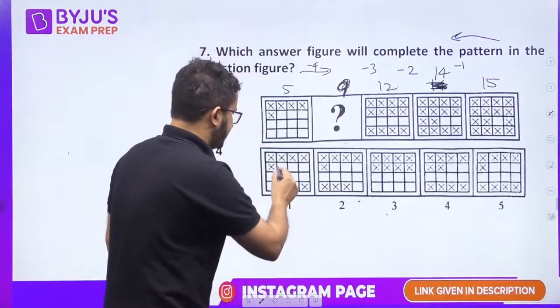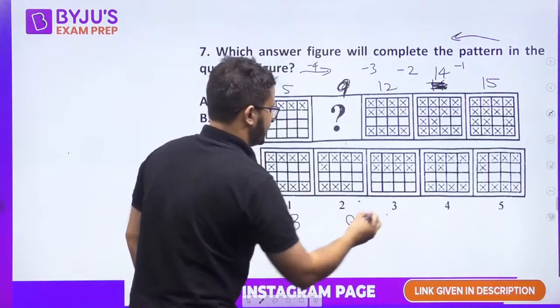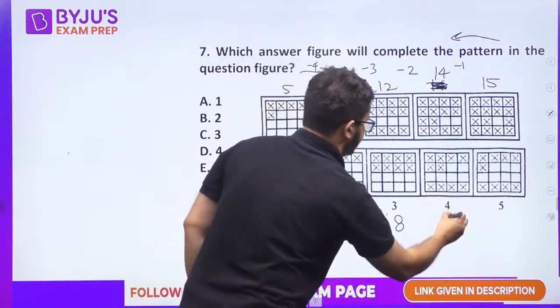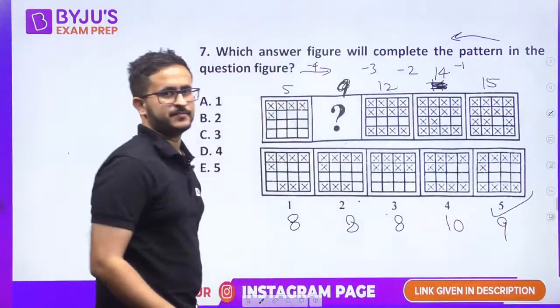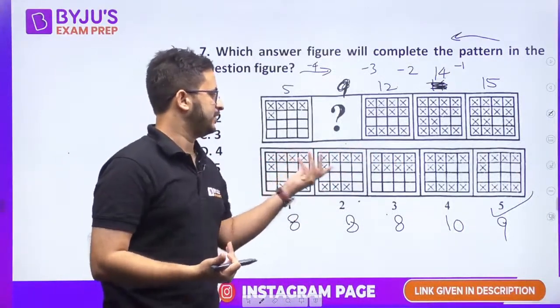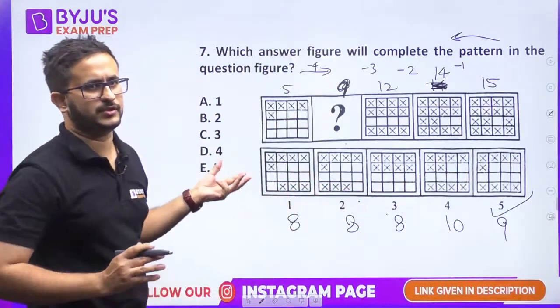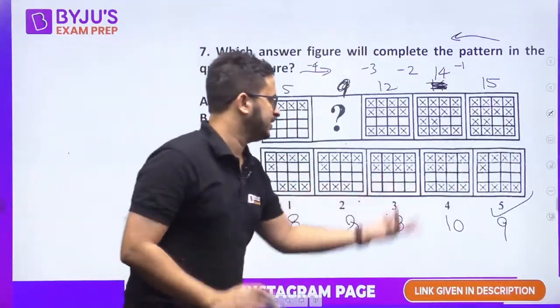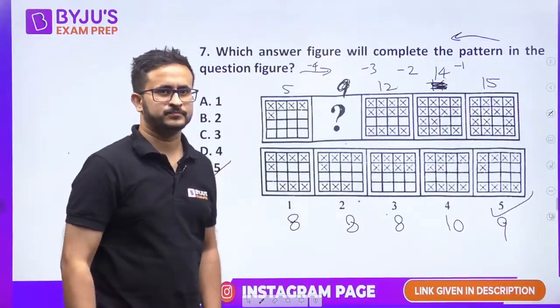If you see this, there are 8 crosses, this also has 8, this has 10, and this has 9 crosses, so that will be the answer. Now do not think about where the ninth will come, how it will come, or how the 4 will be distributed. That is not important, because there is only one option with 9 crosses. So your answer is the 5th one.